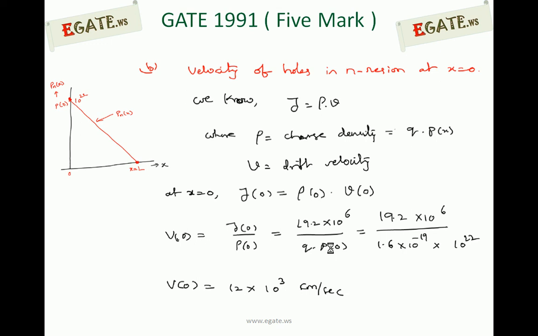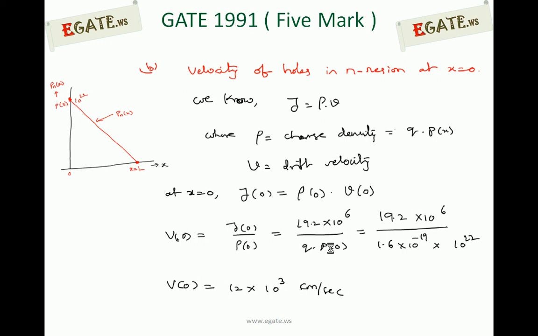At x equal to 0, the equation can be written as J of x equal to rho of x into v of x. So J of 0 equal to rho of 0 into v of 0. v of 0, the velocity of holes in the N region at x equal to 0, is what we are calculating. v of 0 is equal to J of 0 by rho of 0.